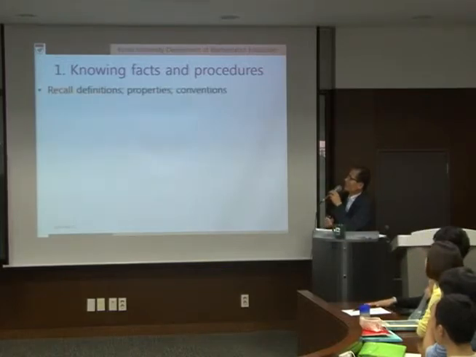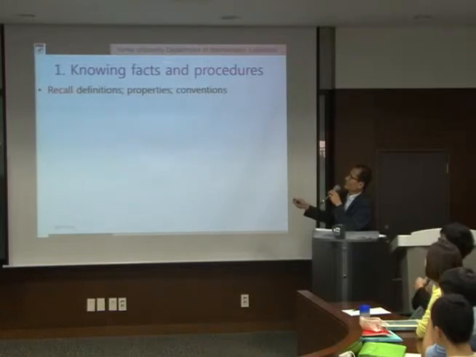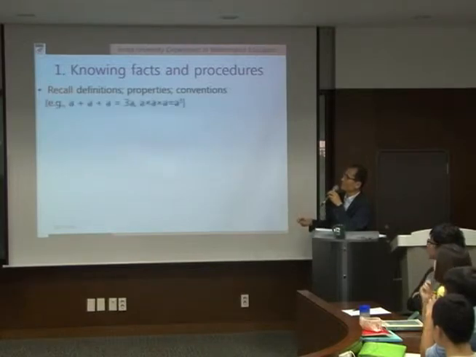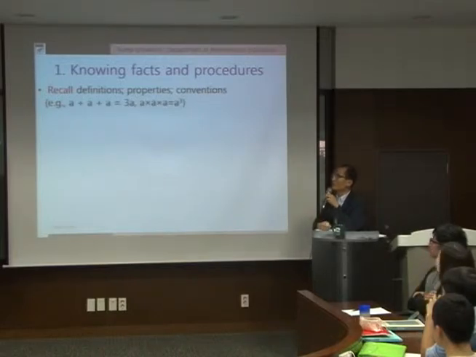For instance, one of the questions they used in the TIMSS study, knowing facts and procedures. This is the first cognitive domain. In this category, they include this kind of question. First of all, recall definition, property, and convention. For instance, in middle school, they can ask a plus a equals 2a, and a times a times a equals a cube.